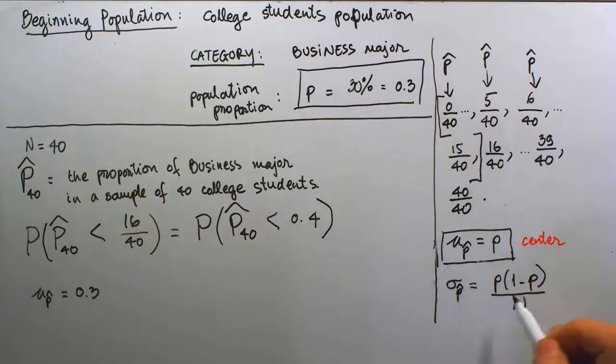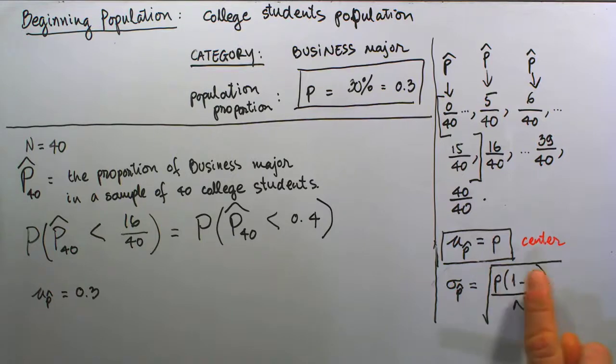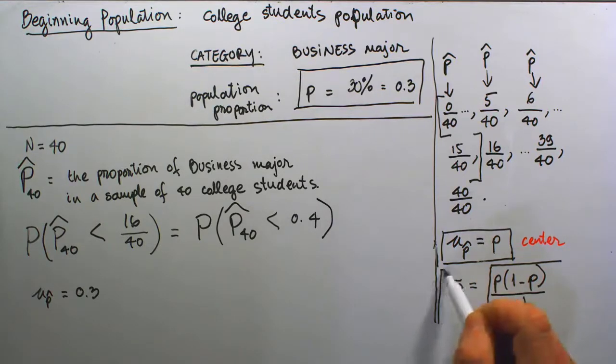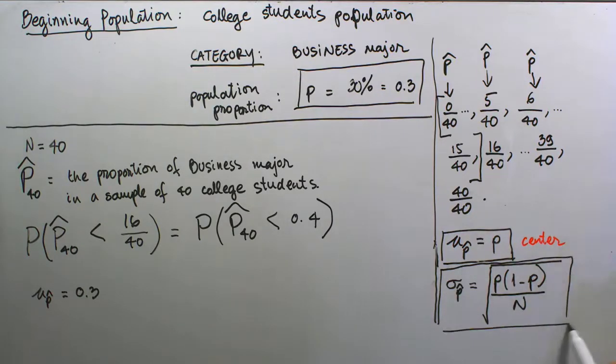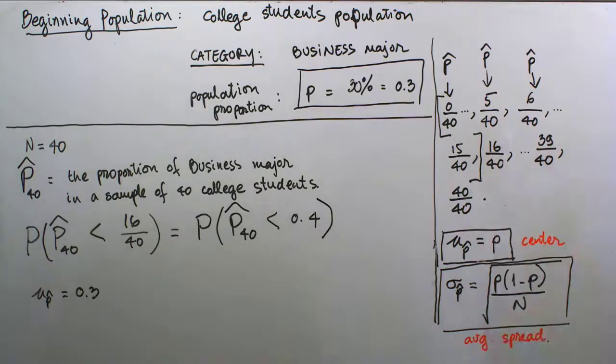Now this quotient goes inside a square root. So we take a final square root of the entire quotient here. And that is how we can easily calculate the average spread. This formula is for calculating the average spread of our distribution of sample proportions.